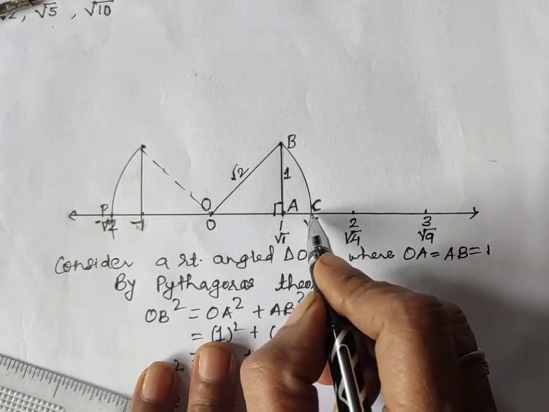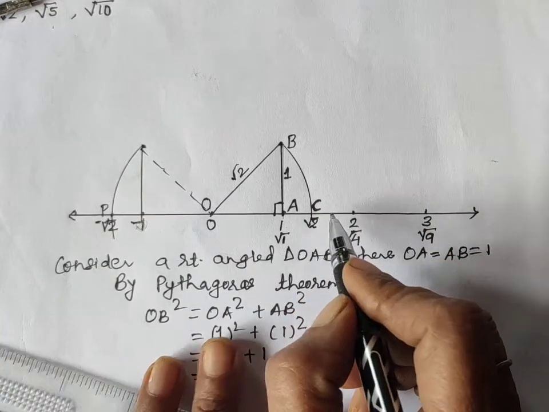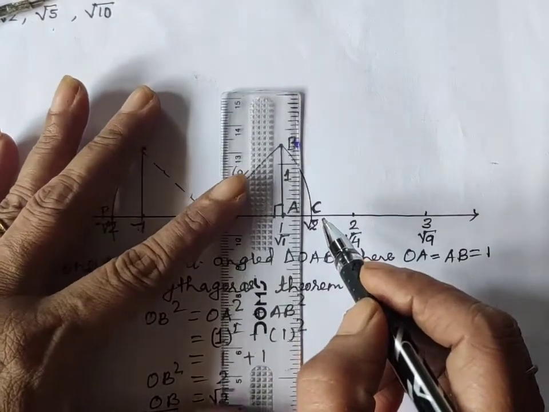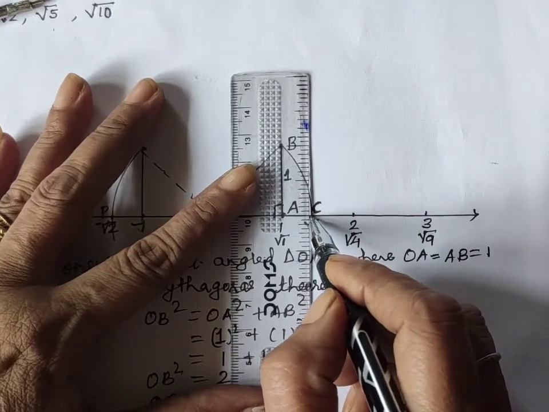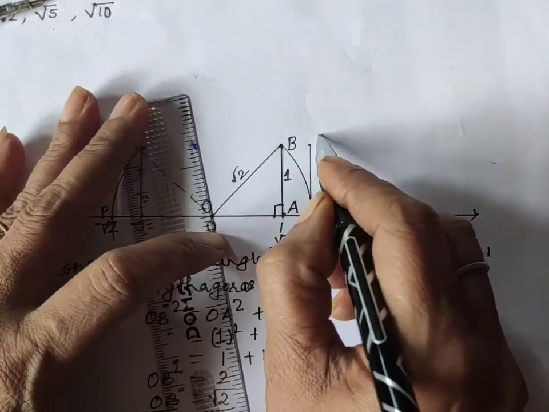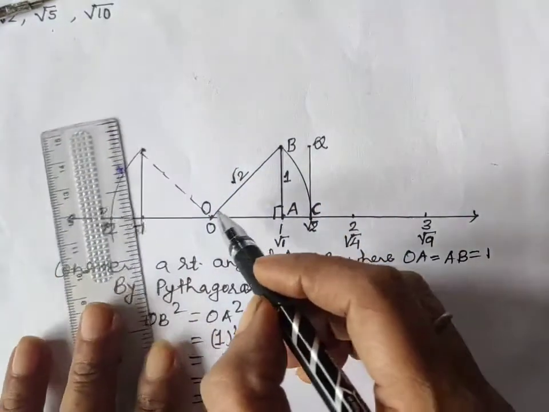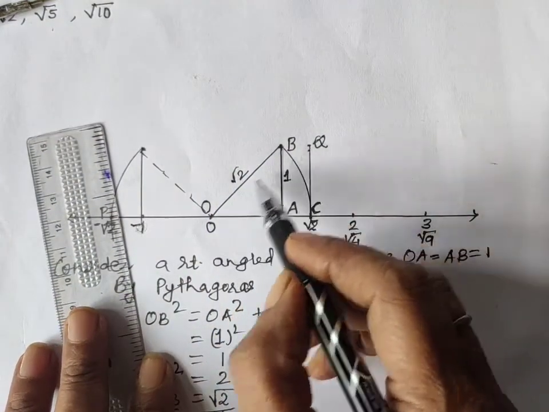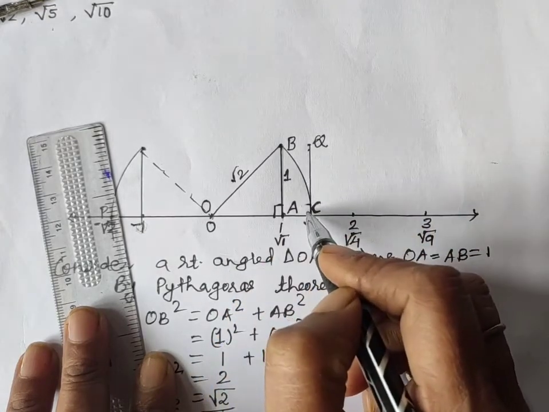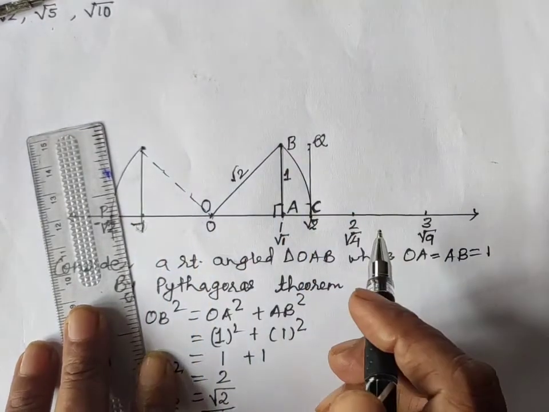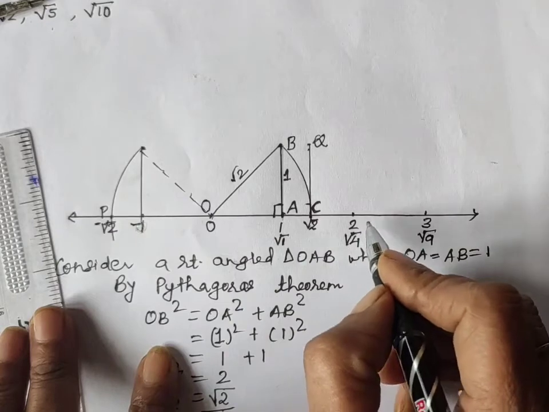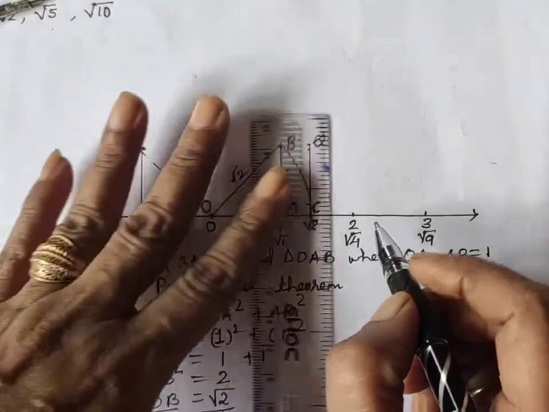In the same way, as here it is root 2, if you want to show root 3, again you will draw here 1 unit, and you will give any name, suppose Q, and then again from O to Q you will draw the radius. You will draw a line, again you will get one right angle triangle, and then you will get the arc for root 3.